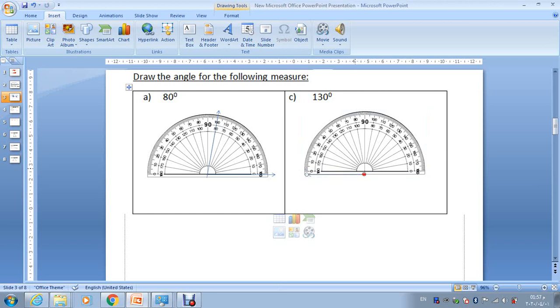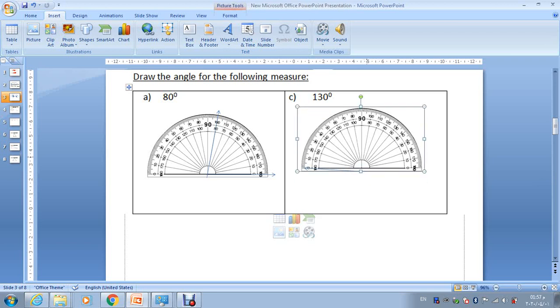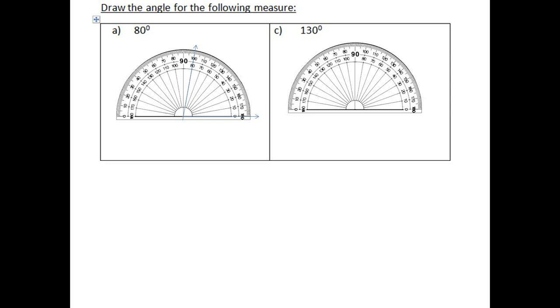You have to put it exactly on the vertex, not here but here. It's harder to draw it this way. I may open it here for you to draw it.